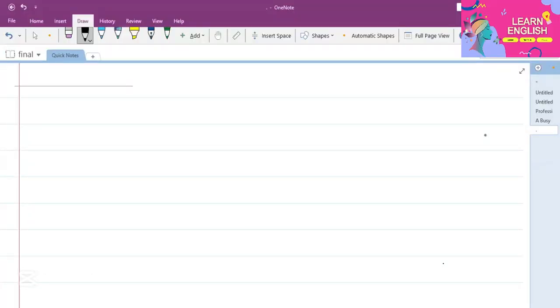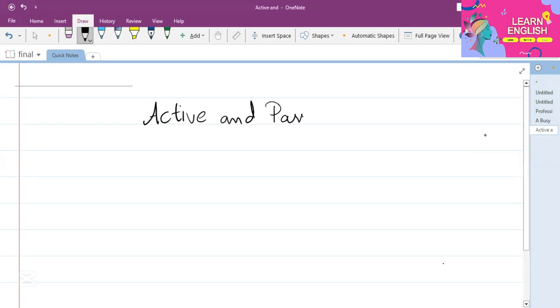So today's lecture is on a grammar concept, which is active and passive voice. To know what active and passive voice is, we first need to know what is meant by the word voice.